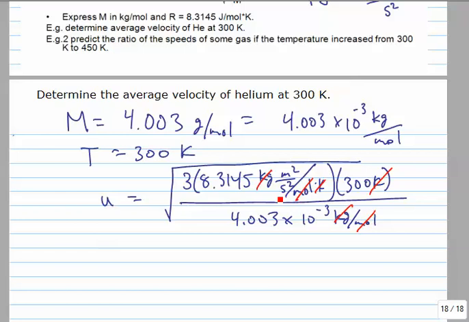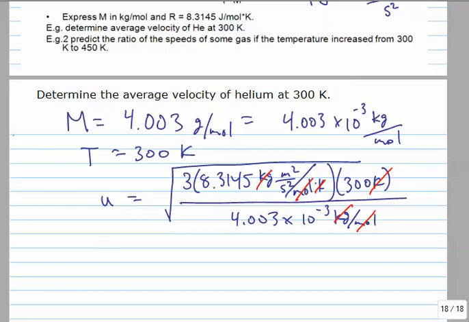So now when we do our calculation, we take 3 times 8.3145 kilograms meters squared per second squared per mole Kelvin times 300 kelvins divided by 4.003 times 10 to the minus third.